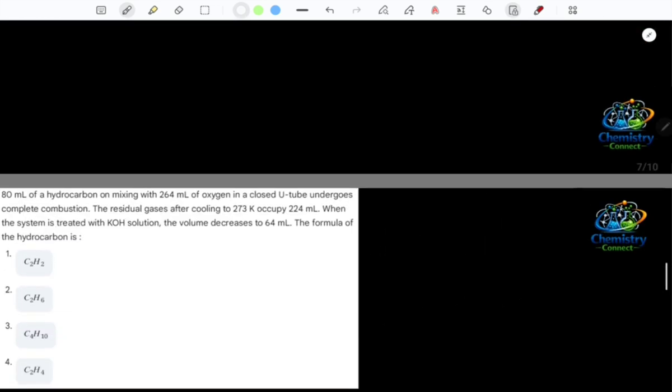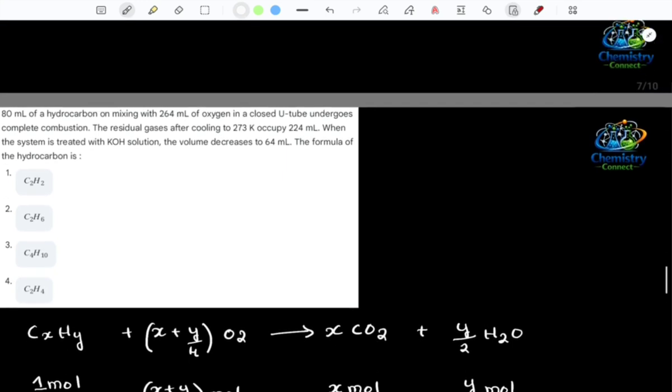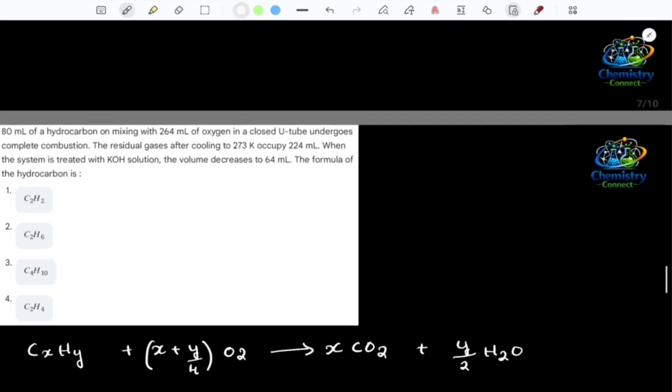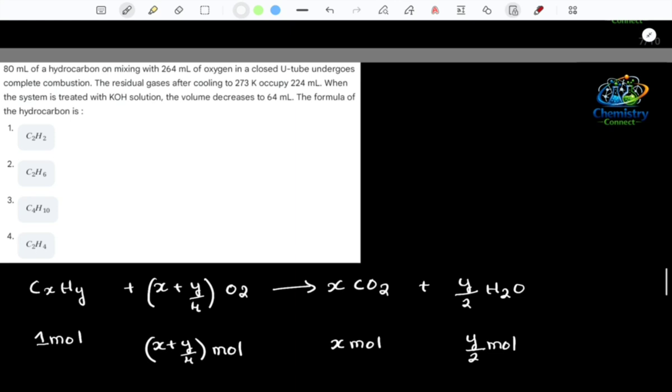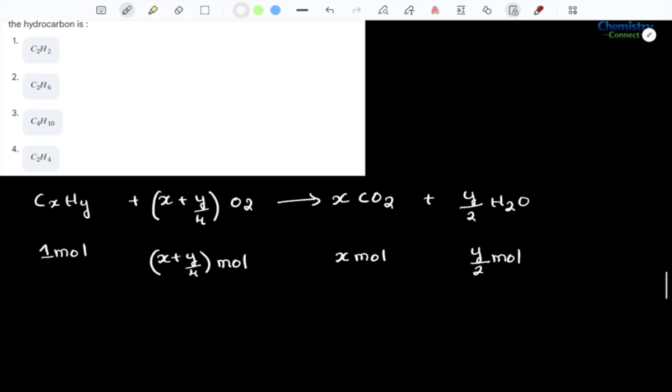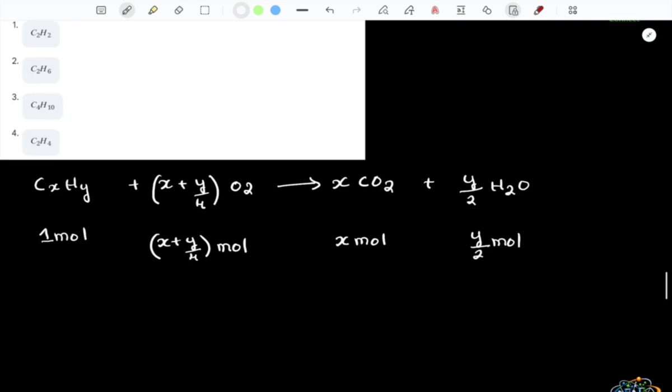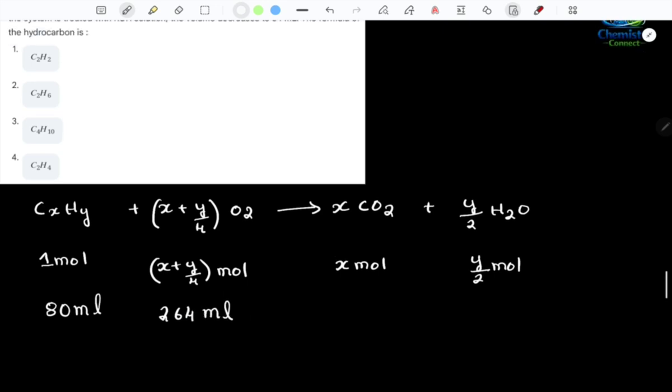Now let us come back to the question. 80 ml of hydrocarbon on mixing with 264 ml of oxygen. So that means the hydrocarbon is this CxHy, 80 ml. It is mixed with 264 ml of oxygen, according to the data I am writing.